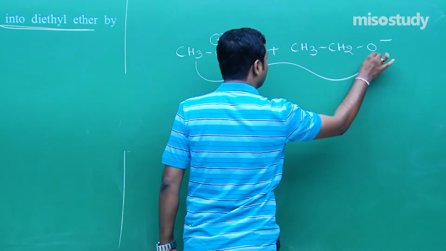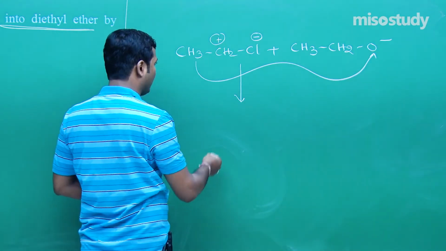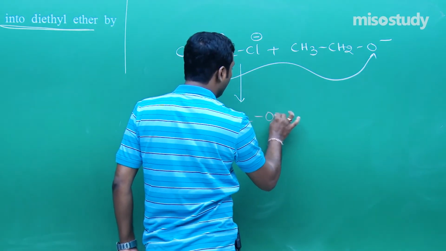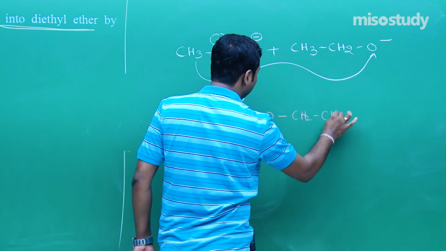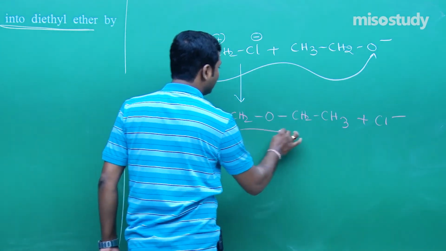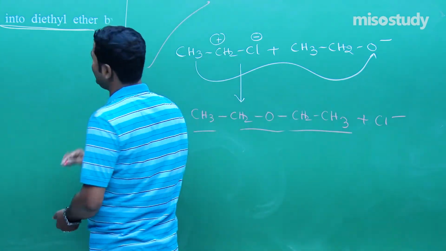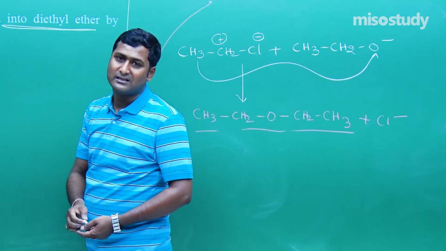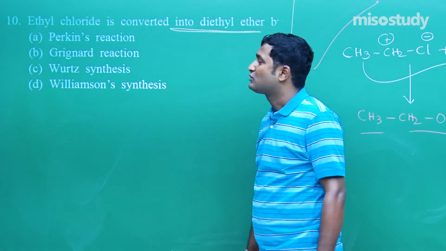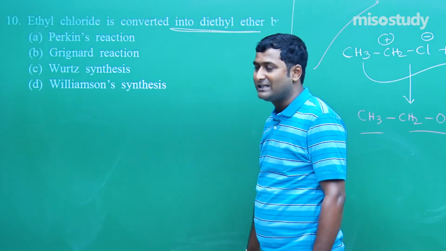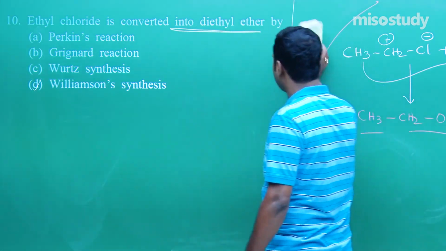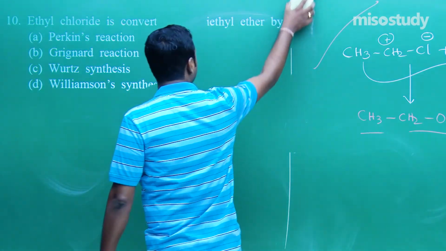This will move towards here and will form the product CH3CH2OCH2CH3 and Cl minus. This one is diethyl ether, and this famous reaction is called Williamson synthesis. So for this question, we can easily predict D is the correct option. Clear friend?